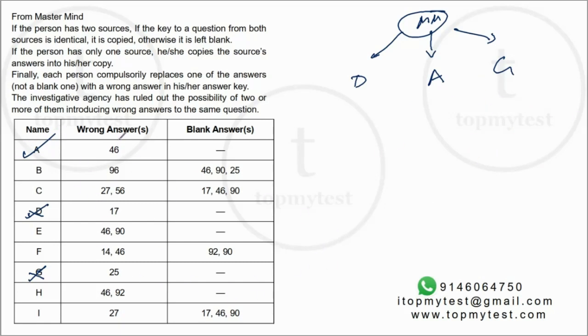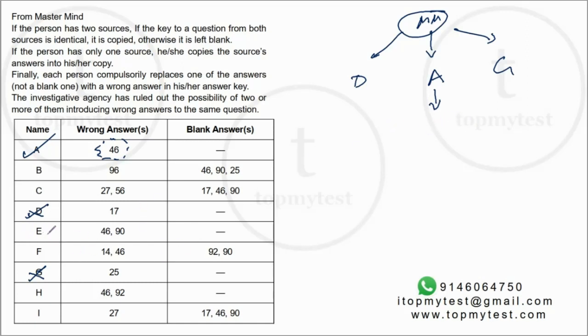Now, A has introduced 46 as a wrong answer. If somebody takes from A only, his question number 46 will have a wrong answer. He will not have any blank answers, but he will have another wrong answer besides 46.